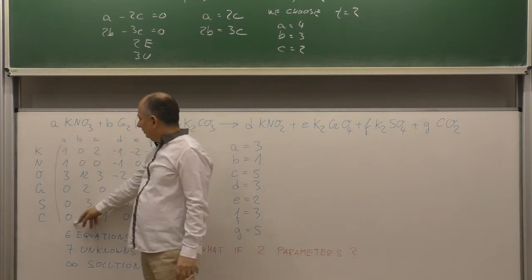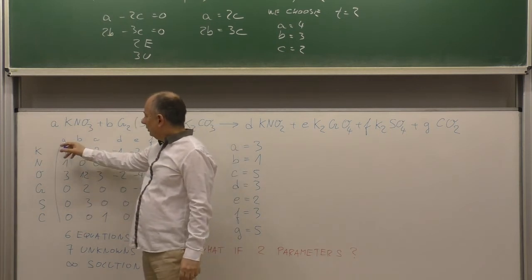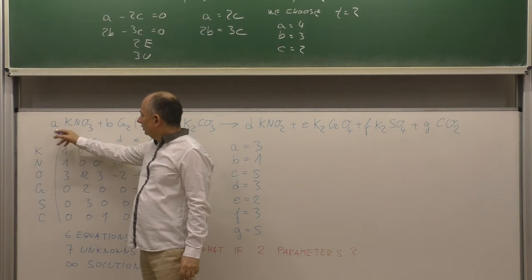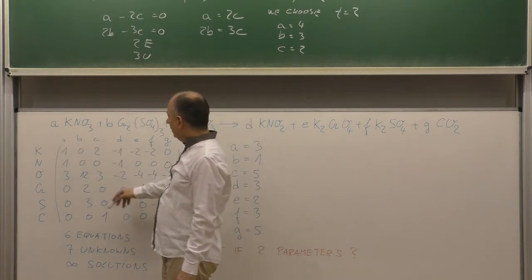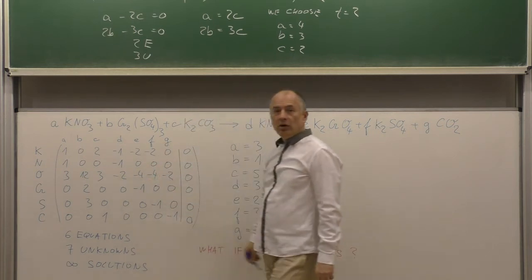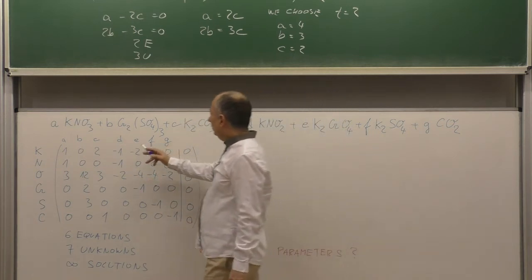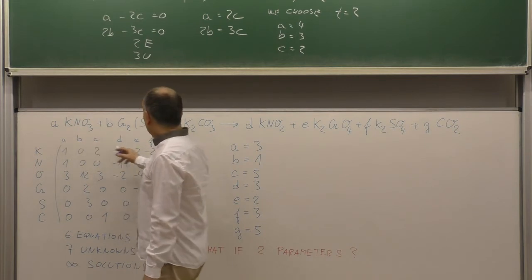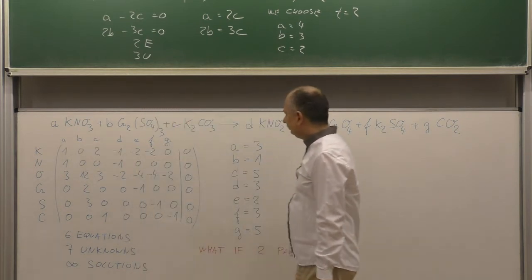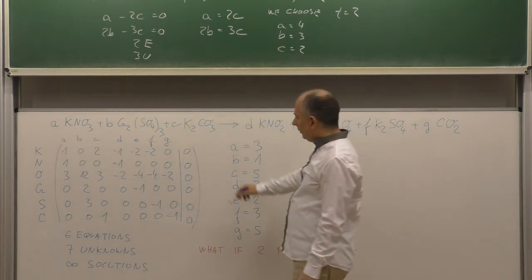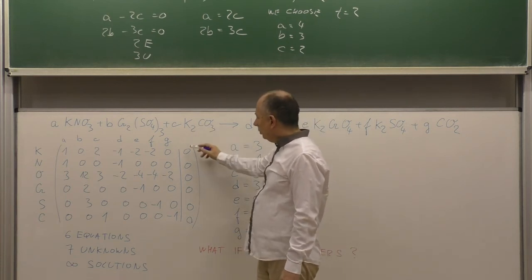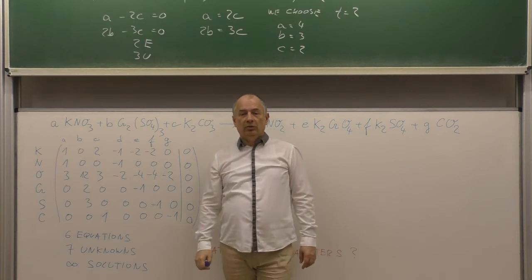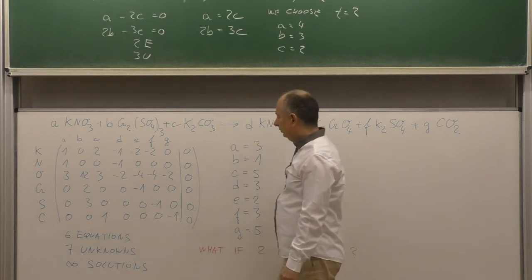The first column corresponds to the coefficients at the unknown A. And similarly, the following columns correspond to coefficients at the unknowns denoted by A, B, C, D, E, F, G. And this is again a homogeneous system of equations, so we can write the 0 right-hand side vector on the right.